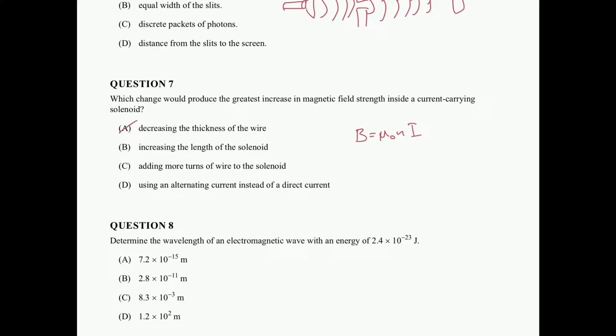So adding more turns on the wire to the solenoid, and we can already see if you increase N here, as a result, that's going to increase B. So we know C is going to be a definite answer, and let's rule out D. Using an alternating current instead of a direct current is going to do nothing for our magnetic field other than inducing something called a magnetic flux, because you're getting that change in magnetic field over a period of time. So we can rule out option D as well.